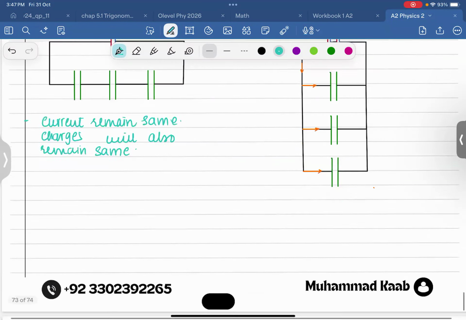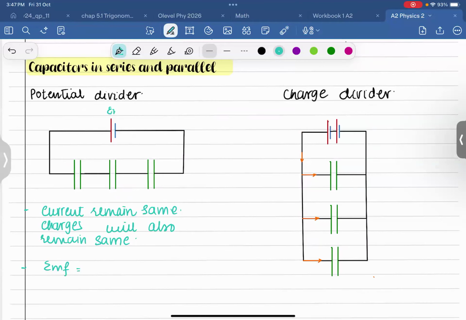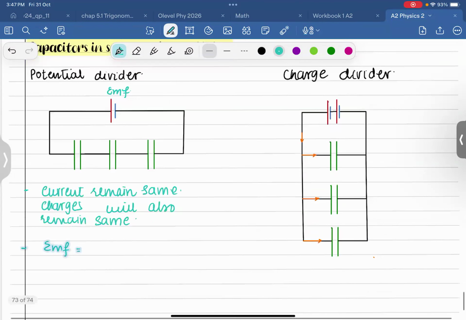Now, the second thing is the potential difference, which is the EMF, the total potential difference that you are inputting. So this is the EMF, and these are C1, C2, and C3.